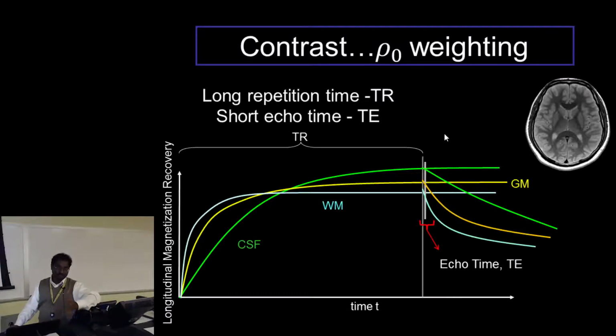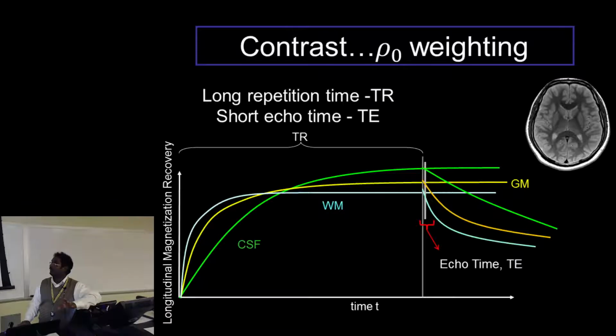Of course, that is impractical, which is why we use a somewhat shorter TR, on the order of T1, which is why you don't see CSF being really bright. Otherwise, you should see CSF as the brightest in this image. Practically speaking, we use TRs on the order of 2 T1s, so about 8000 milliseconds, somewhere between 1 T1 and 2 T1s.